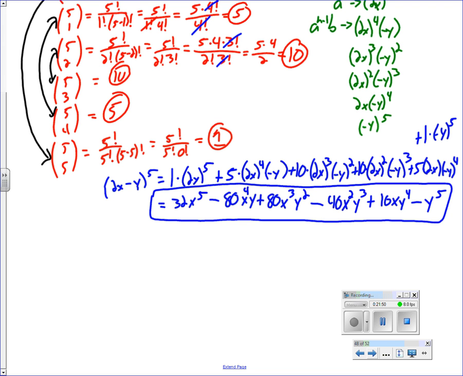So that's a full expansion. We're actually writing the entire thing out. And again, this process using this theorem makes it a little bit quicker than actually having to multiply that binomial out by hand 5 times and combine like terms and all that stuff.